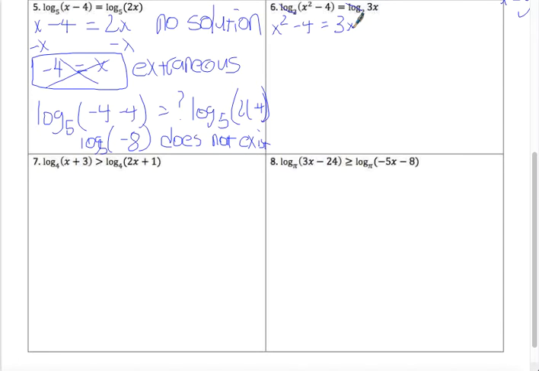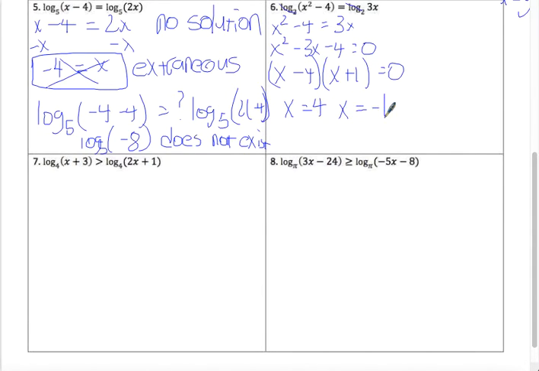So x squared minus 3x minus 4 equals 0, which factors into x minus 4 times x plus 1. So this gives us solutions of x equals 4 and x equals -1.